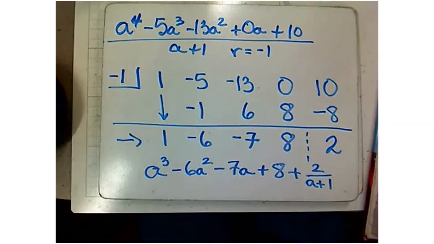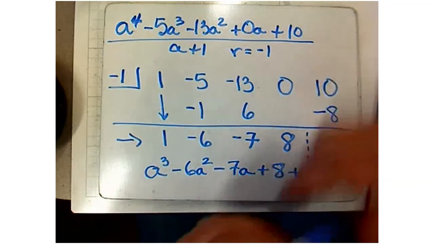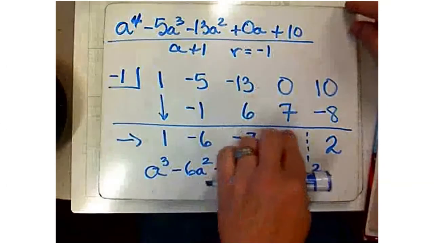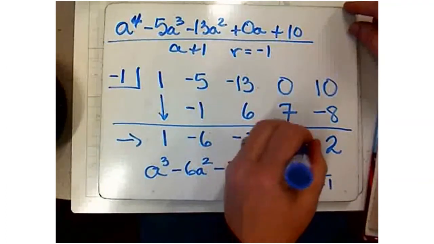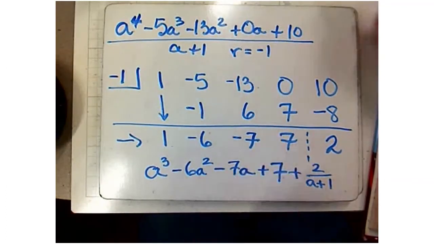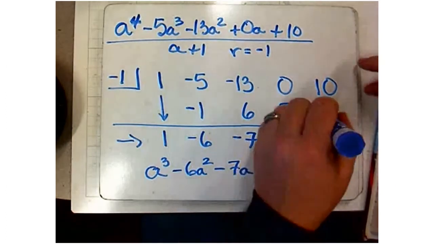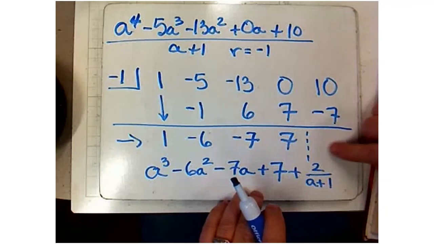I missed what? I don't think that 8's supposed to exist. Oh, it's a 7. Good catch. Somehow I did a combination of adding and multiplying, didn't I? There we go. And then we're going to have a remainder of 3.